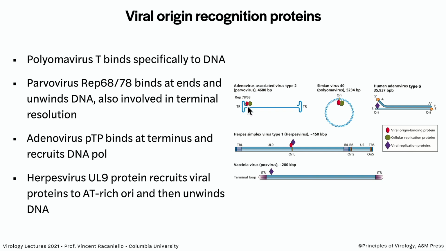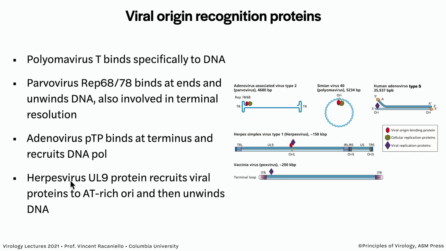And remember, when this is double-stranded, that same protein nicks it to provide a primer. For adenovirus, the origin binding protein is the pre-terminal protein, the pTP, which binds the end and recruits the DNA polymerase to add a C to it and start the priming reaction. So that's shown right there.